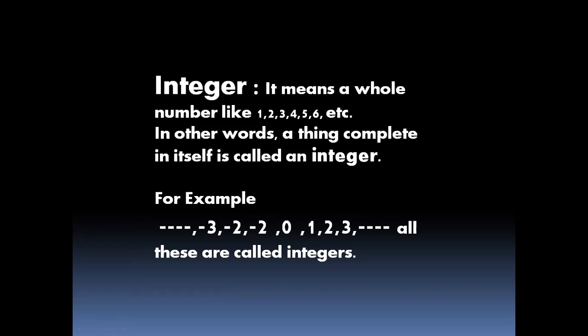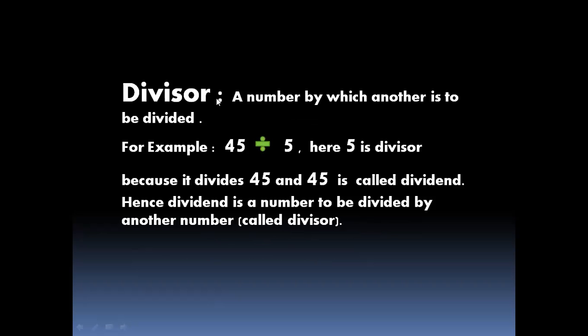Now let us move to the second term, divisor. Students, what is a divisor? A number by which another number is to be divided is called divisor. For example, we take 45 divided by 5.